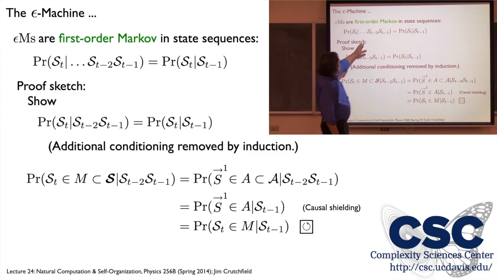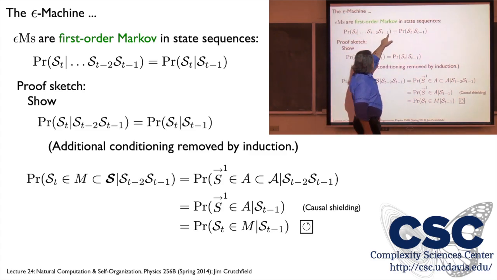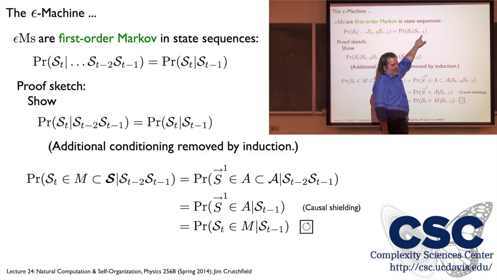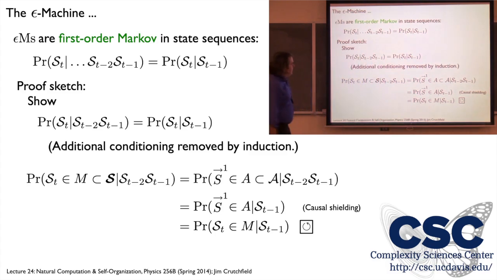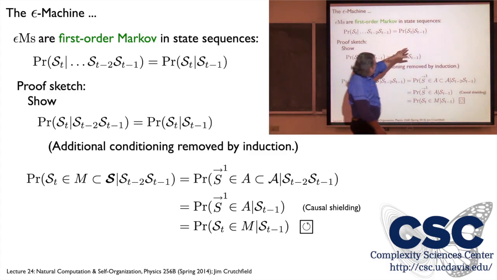So what do we mean by this first order Markov? Remember, in a general Markov process, the next variable can depend on an arbitrarily long past. If it's first order Markov, all that's relevant is the value of the variable at the previous time step. So the causal states really are summarizing their pasts this way.